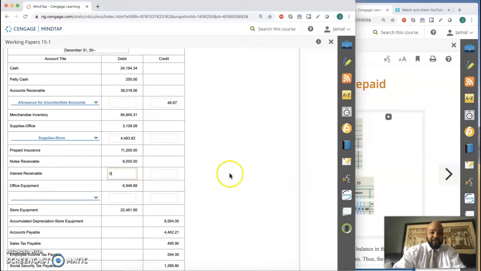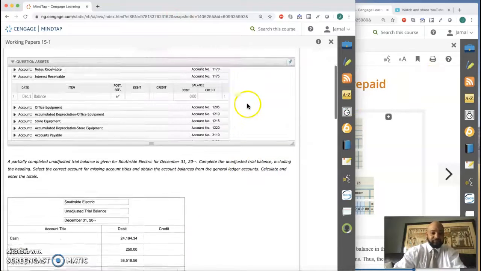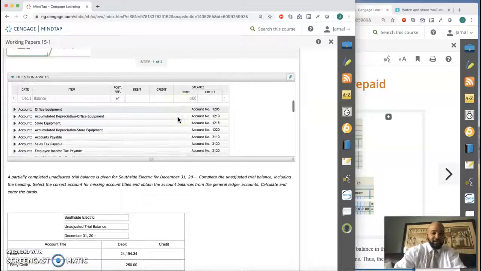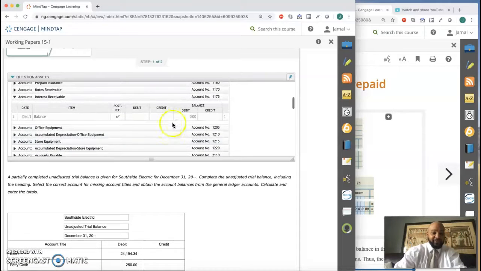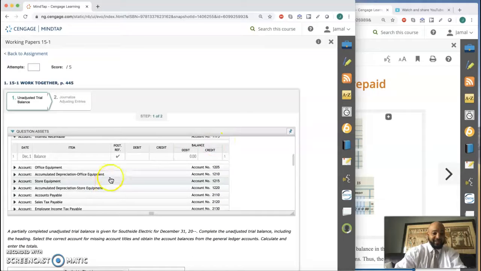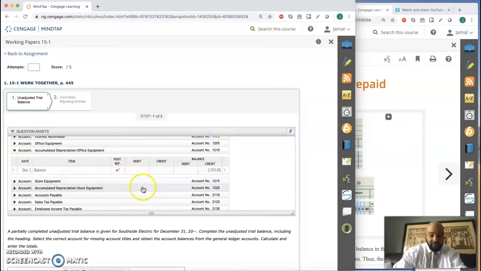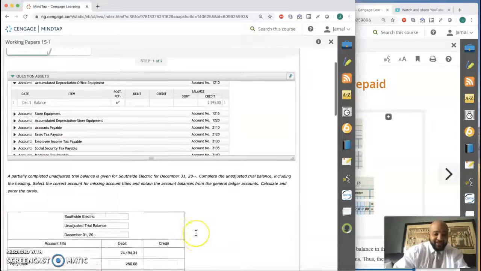Now we're going to our office equipment, or the account right beneath office equipment, which was accumulated depreciation office equipment. So we're going to go to accumulated depreciation office equipment. Let's check the balance. $2,395.